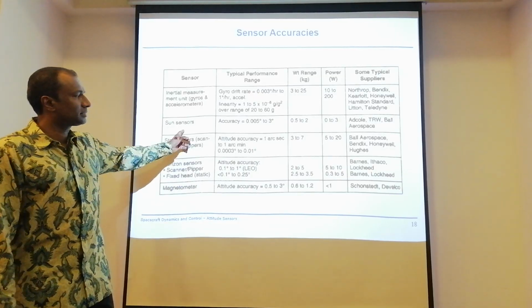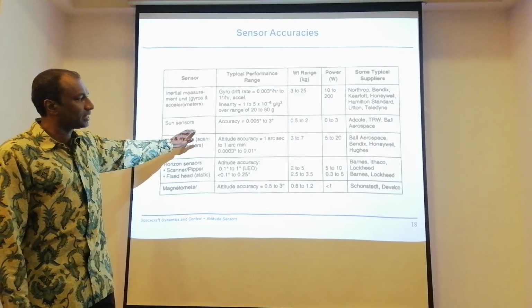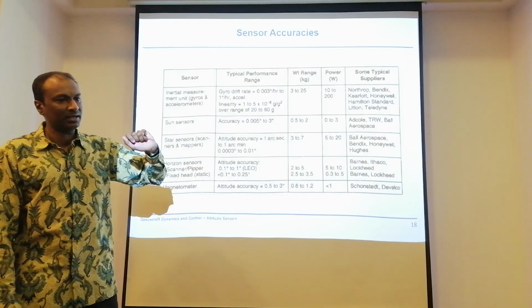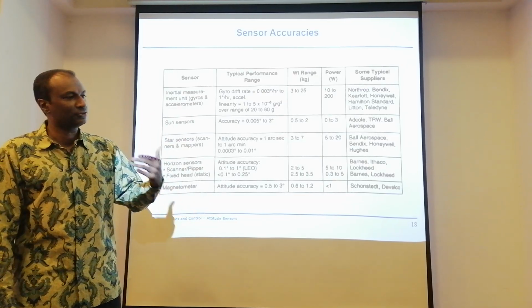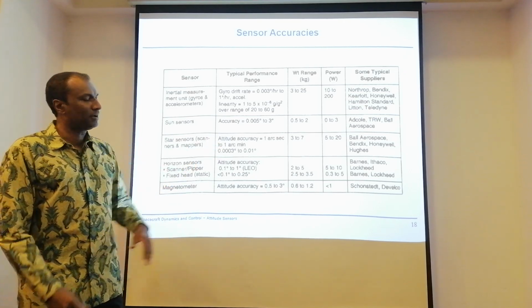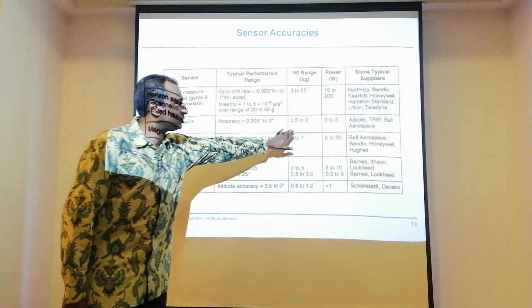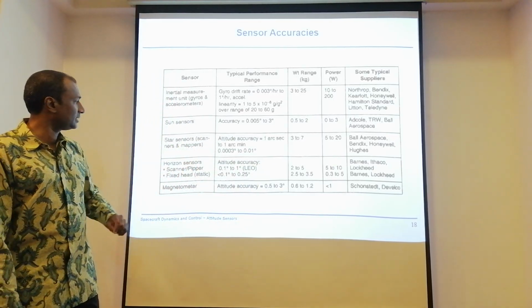Sun sensors, please do understand them. If one gives you very fine accuracy, we call it not a coarse but a fine sun sensor. A fine sun sensor can give you very good attitude accuracy, but it doesn't come cheap. There is a good amount of mass in there.